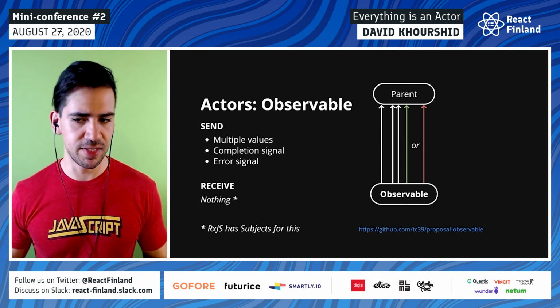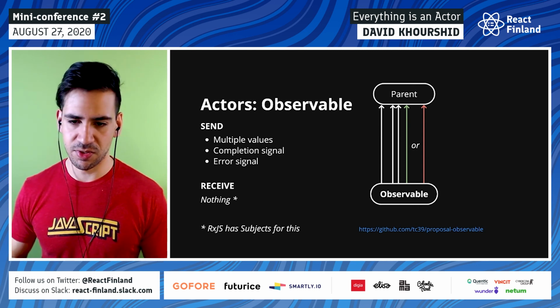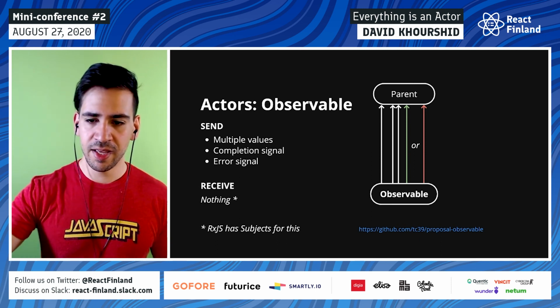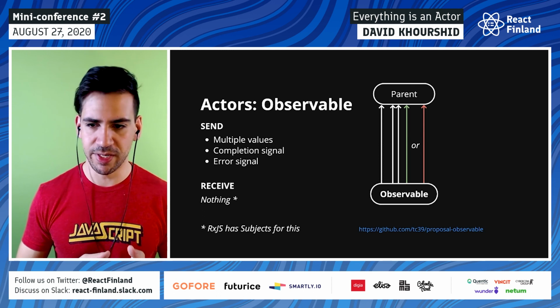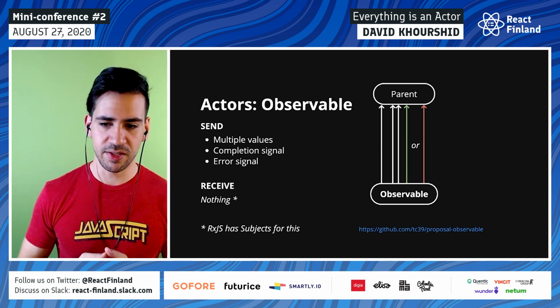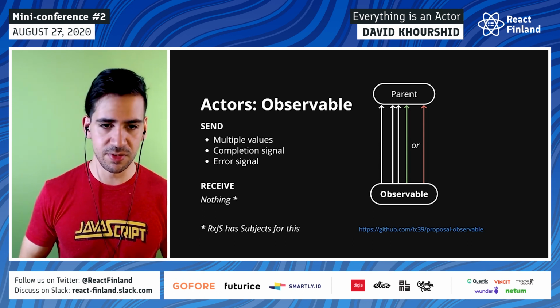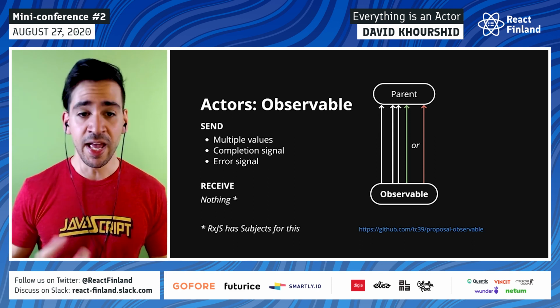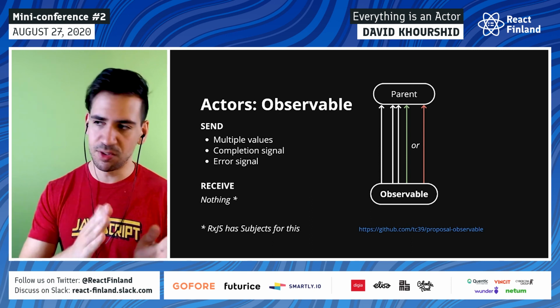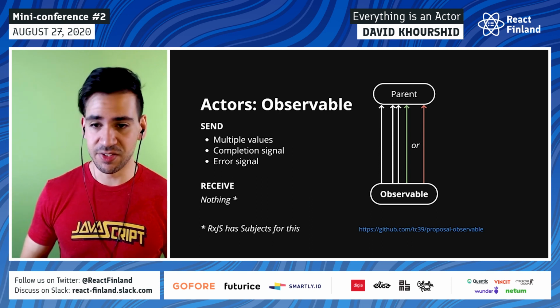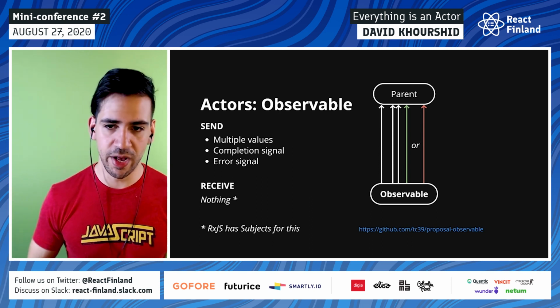Subjects can receive values and then emit those values directly. Internally, an observable has some sort of source where it generates values, and that source can also act as something that receives values if you look at it that way. In short, observables still have that same message passing idea, so they can be considered actors as well.